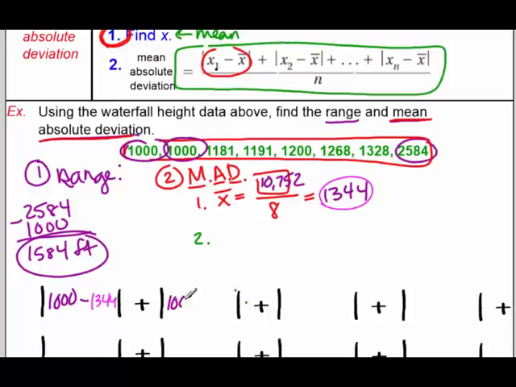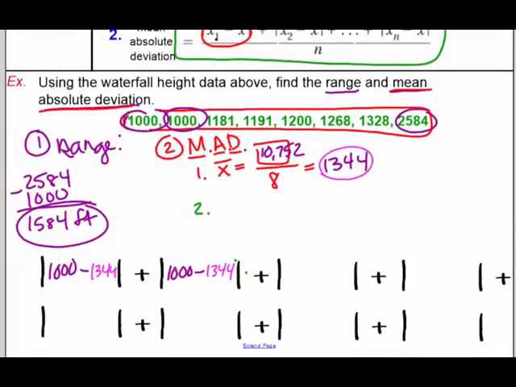So I'm going to take my 1,000 and I'm going to subtract it from my mean again. So each one of these absolute value bars here, I'm going to end up adding all of them together. So I'm going to take my third data point, 1,181, subtract it from my mean. Take my fourth data point, 1,191, subtract it from my mean.